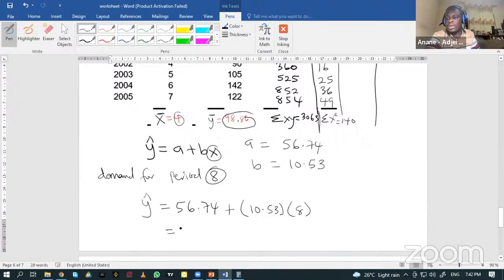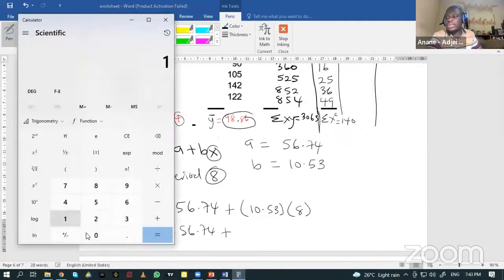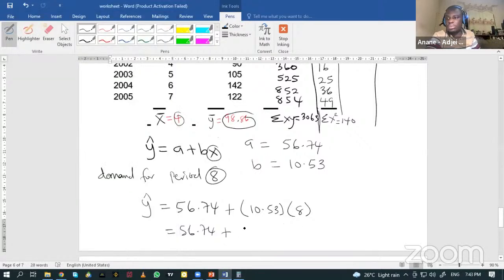So we come here, 56.74 plus 10.53 multiplied by 8. So 10.53 by 8, that is 84.24. So the sum of the two, okay?